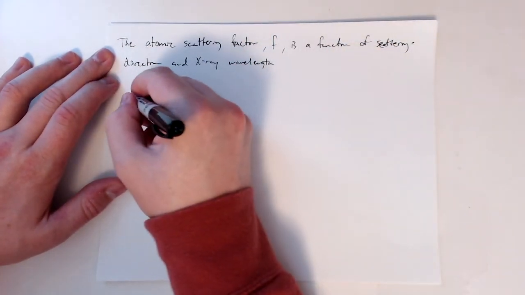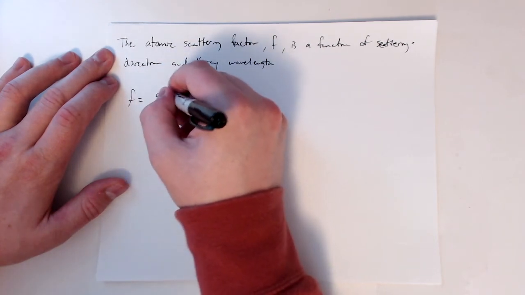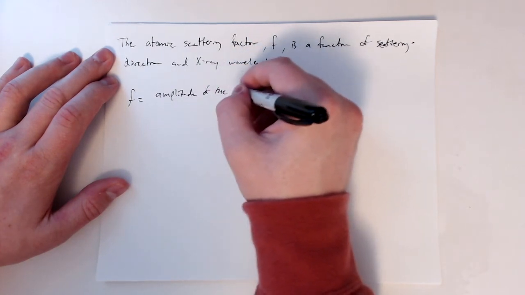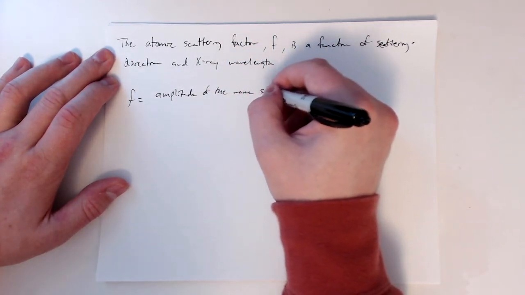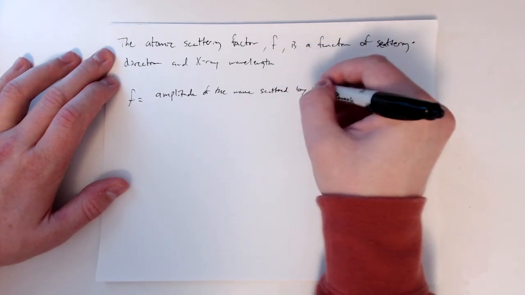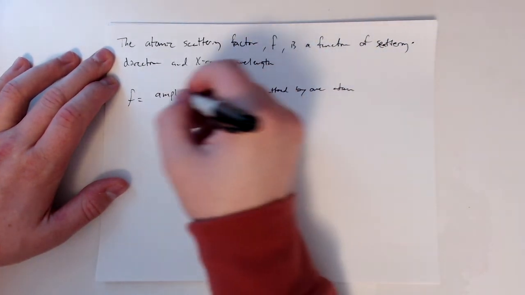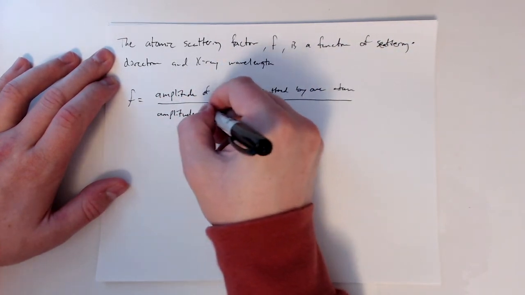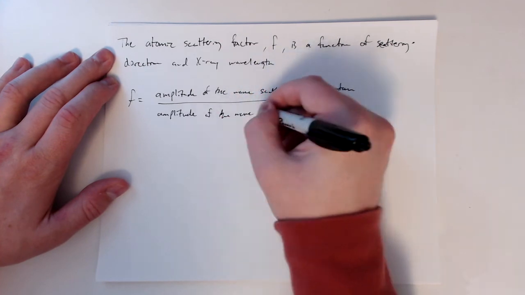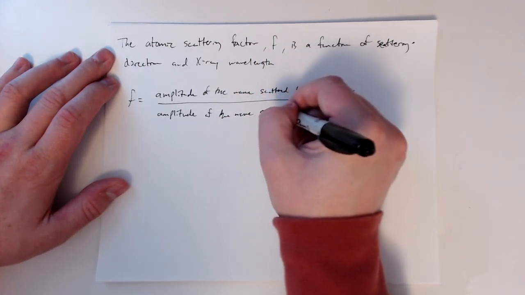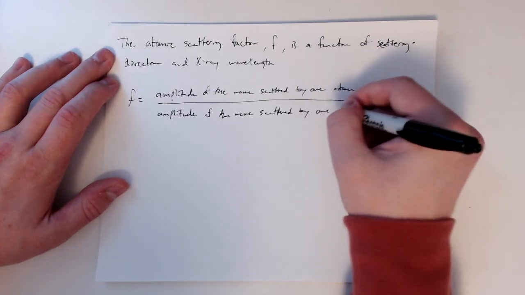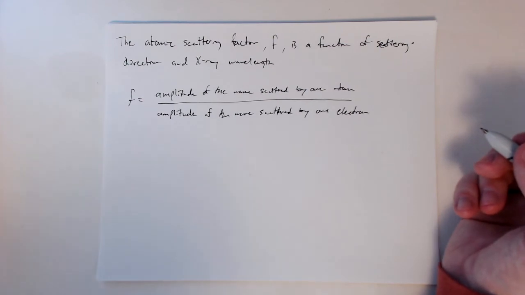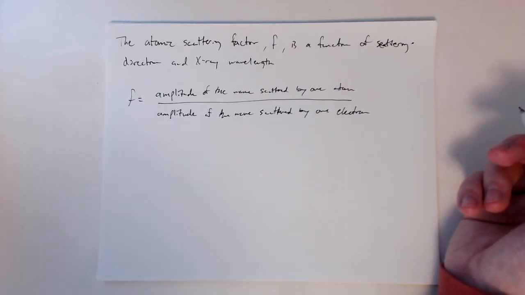And so that equation looks like the amplitude of the wave scattered by one atom over the amplitude of the wave scattered by one electron. So it's a comparison between the scattering of the wave by one atom to that by one electron.